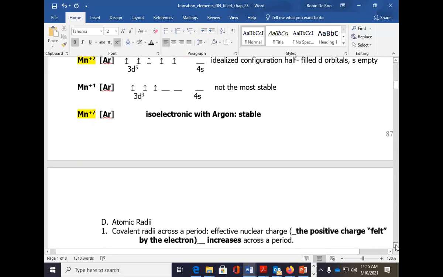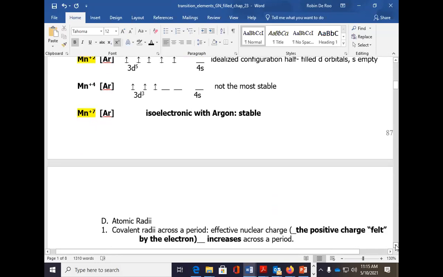Okay, the video kind of went over this. There's something called an effective nuclear charge. It's the positive charge felt by the electron rather than the actual, and it increases going across a period.